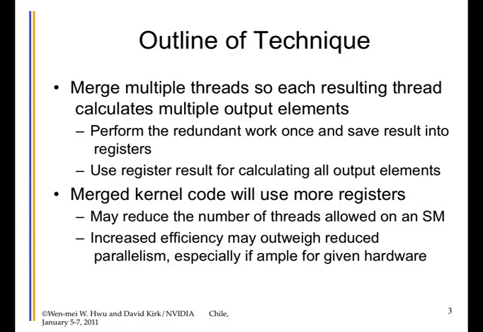One of the groups that have several articles about it is Jim Demmel's group from Berkeley, and they repeatedly said, for most of the library code that they deal with, the highest performance kernels tend not to be the finest granularity kernels. And if you look at the code that they produce, they essentially apply thread coarsening to all their kernel code.